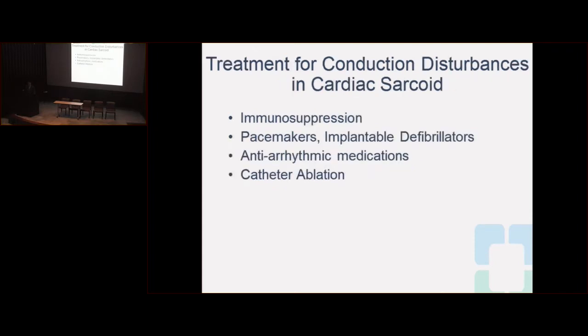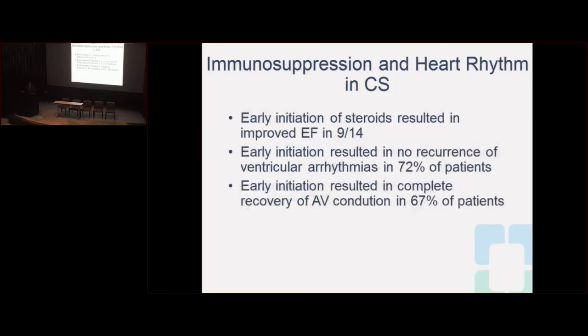The treatment includes what the other physicians have talked to you about, immunosuppression, but from an electrical standpoint, we look at pacemakers or implantable defibrillators. For patients that are having ventricular arrhythmias, we look at a class of drugs called antiarrhythmic medications, and sometimes we'll pursue a procedure called catheter ablation, where we seek to find these electrical short circuits and take that unhealthy tissue, make a tiny burn to create just scar, so it can't create that infinite loop anymore.